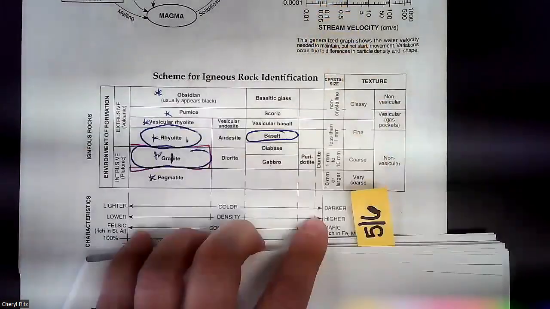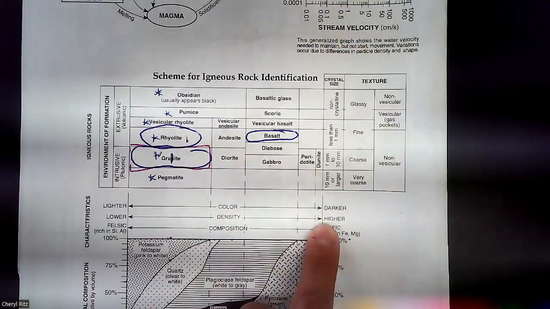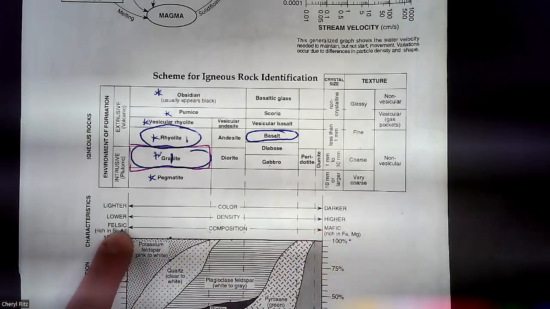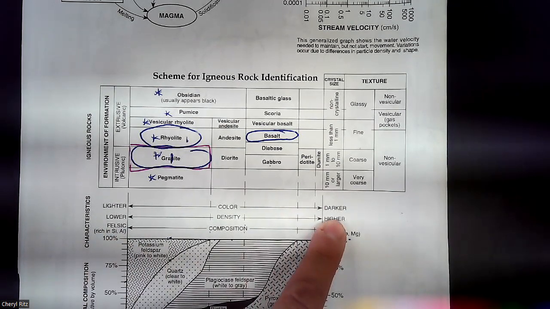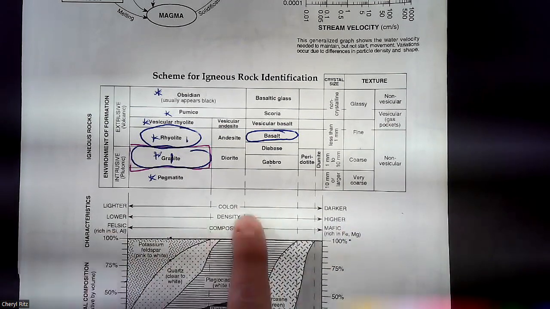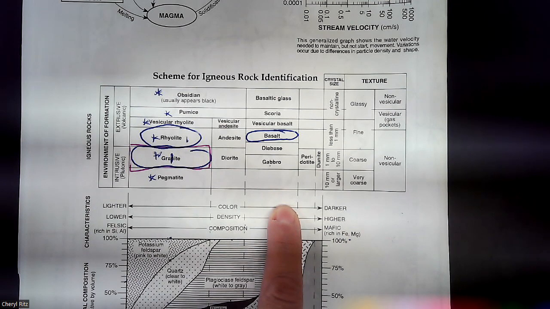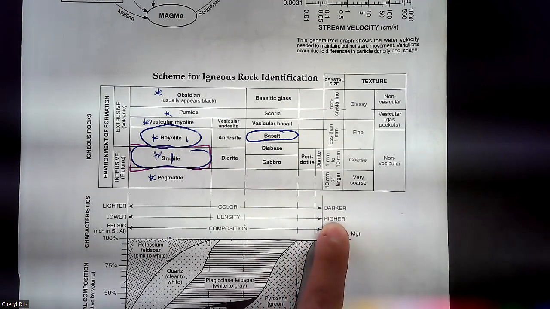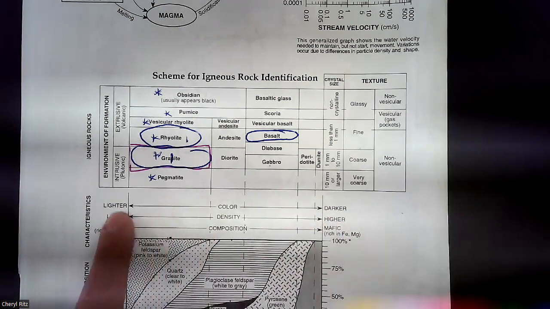So if they have a high density, it's right here on the reference table. You said they're felsic, that's over here. Our high density is usually felsic? So it's 1 then, they are light in color. So if they have a high density, they're light in color.